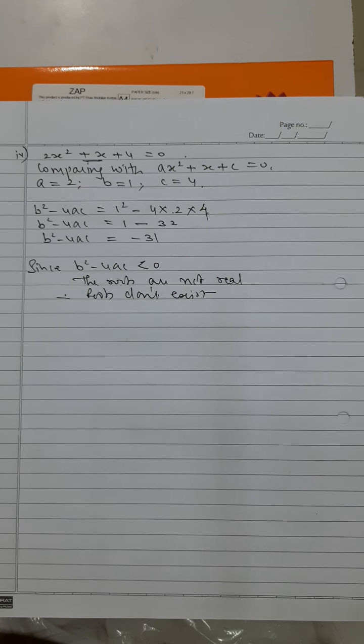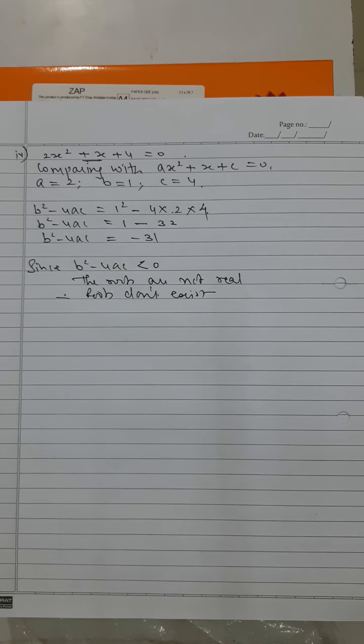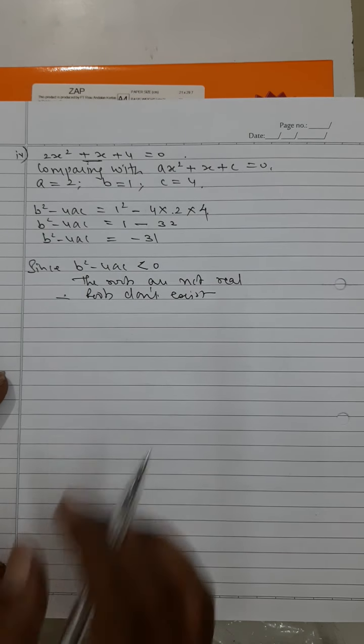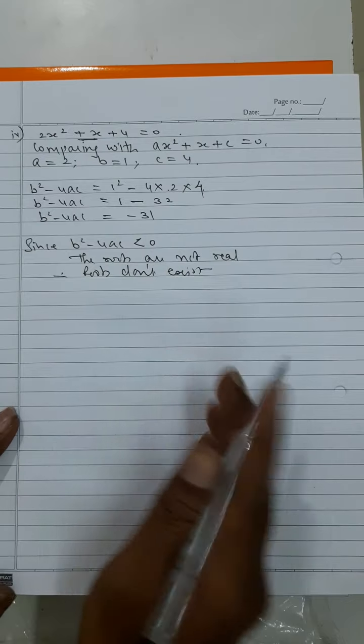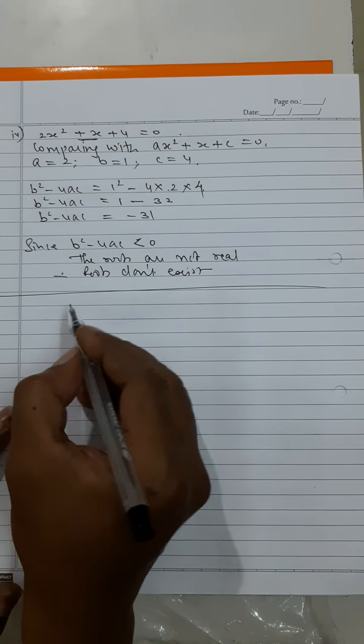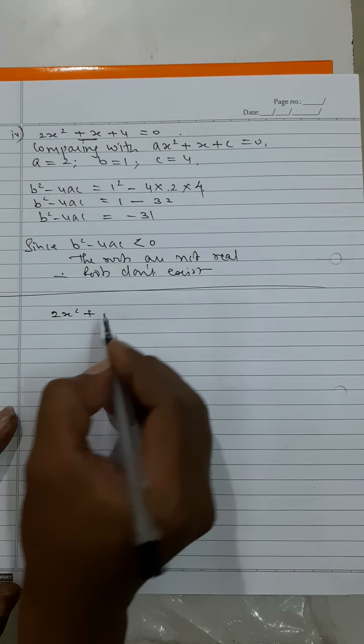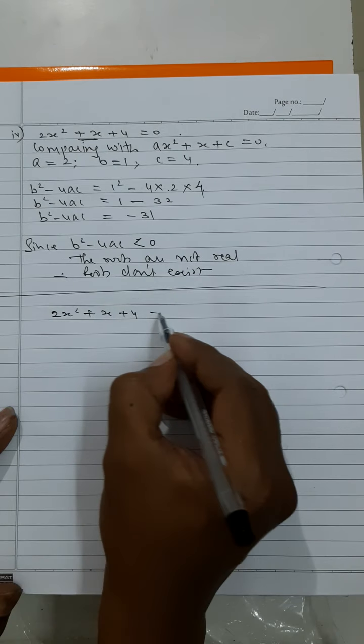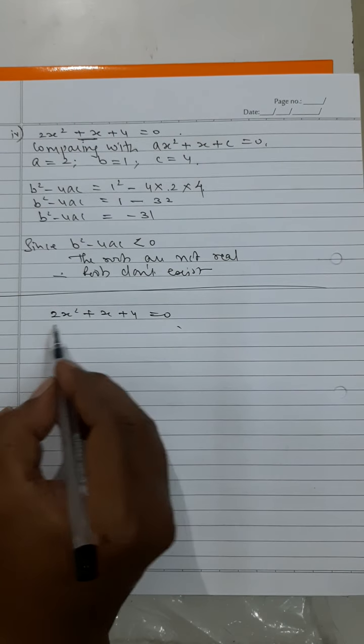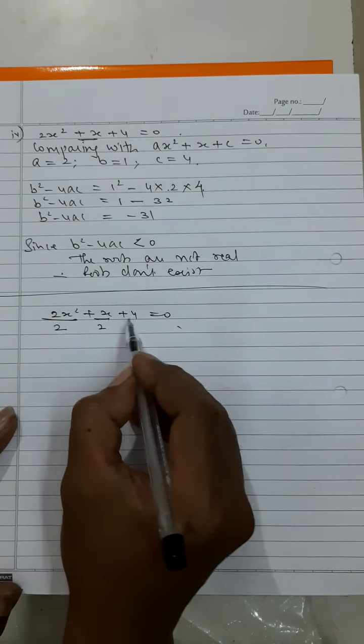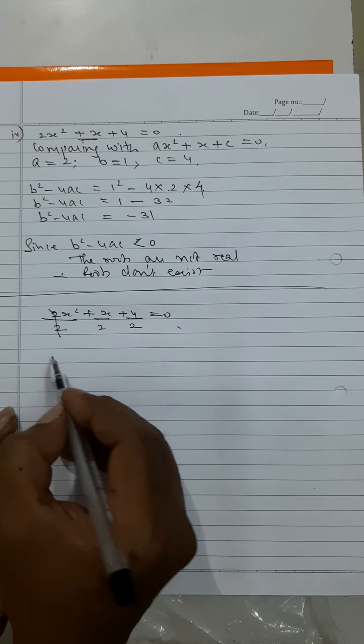For 2x square plus x plus 4, b square minus 4ac, this is right. Okay, my dear students, the roots don't exist over here. What had happened when we solved it by formula method? 2x square plus x plus 4. When we solve by formula method, we will have to divide this throughout by 2. Okay, I hope you all are getting what I am doing.